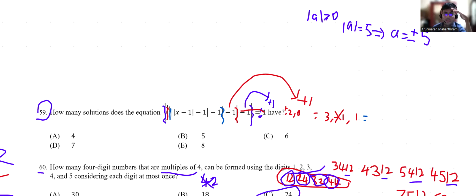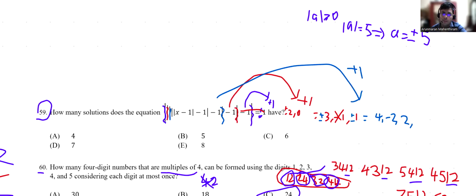When we remove the modulus, we add plus or minus. Now add this plus 1 here. That is equal to 3 plus 1, 4, minus 3 plus 1, minus 2. 1 plus 1, 2, 1 minus 1, 0. Minus is not possible because again modulus is a positive one. So 4, 2, 0. Now we remove the other modulus.